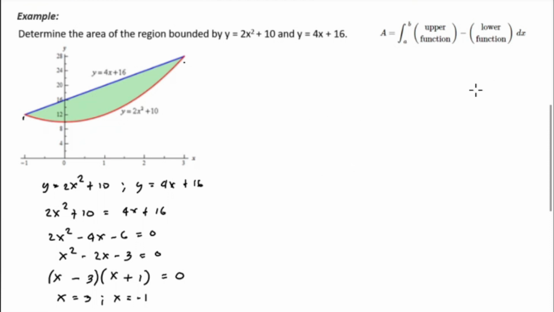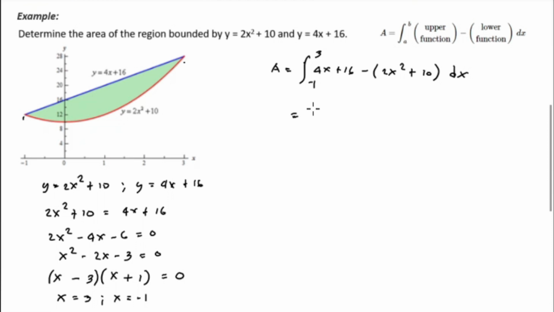So we have now the limits. So we substitute based on the formula for area. So area is equal to the integral of the upper function, which is based on the graph y equals 4x plus 16, minus the lower function, which is y equals 2x squared plus 10, or open parentheses 2x squared plus 10, dx, and the limit is from negative 1 to 3, and we simplify.